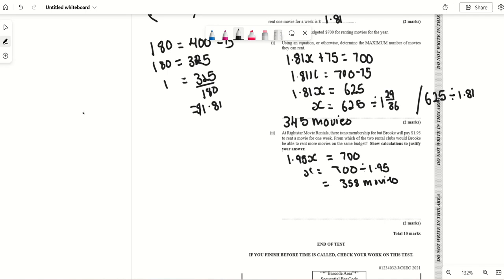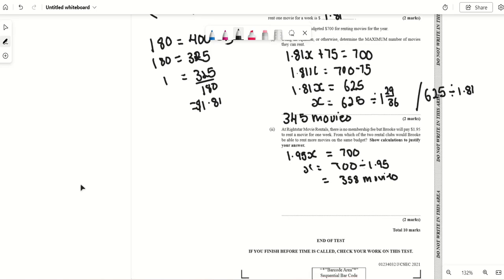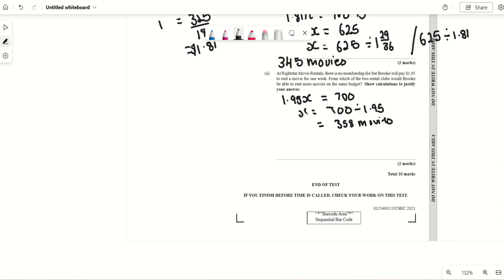So she is getting more movies when she uses Right Star Rentals rather than the one above. She would be able to rent 358 movies from Right Star in comparison to 345 from the next movie store. And that is the end of January 2021.